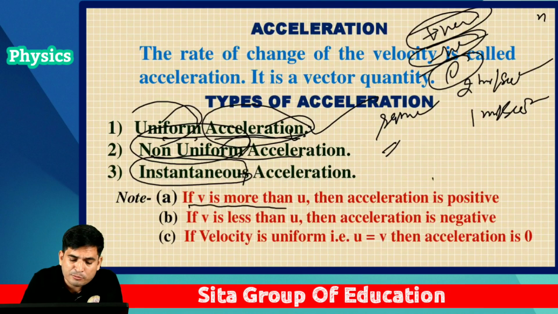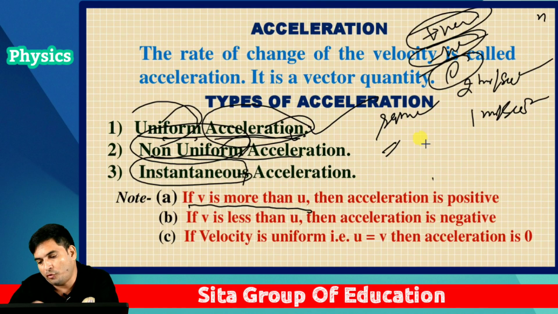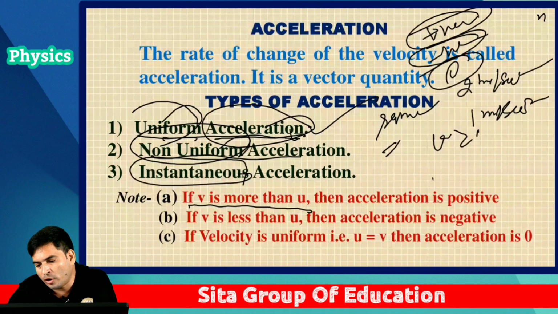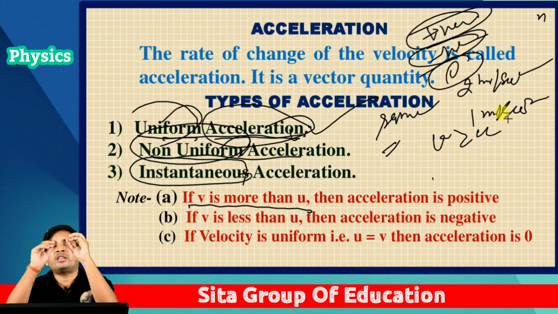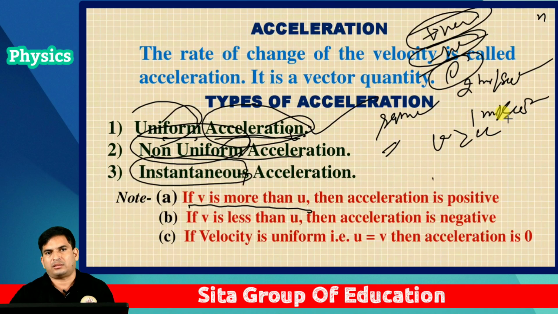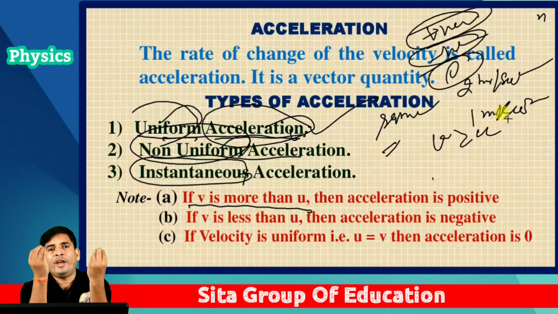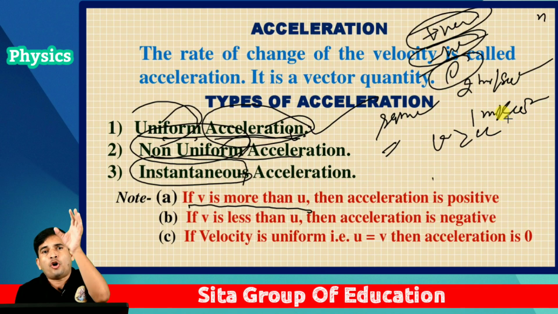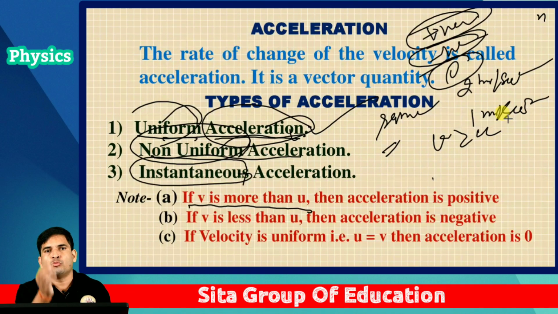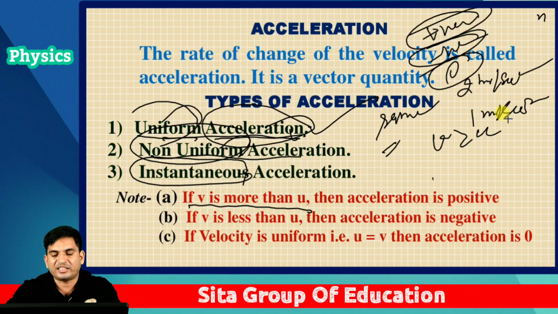If V is more than U, it means your final velocity is more than the initial velocity.